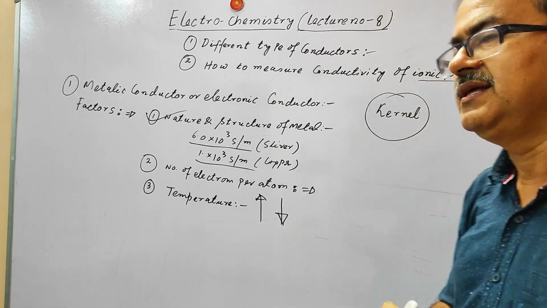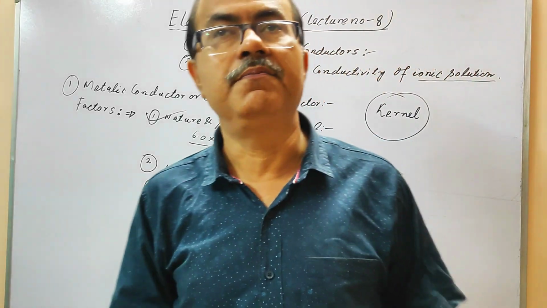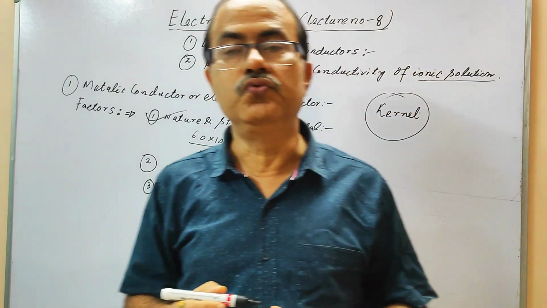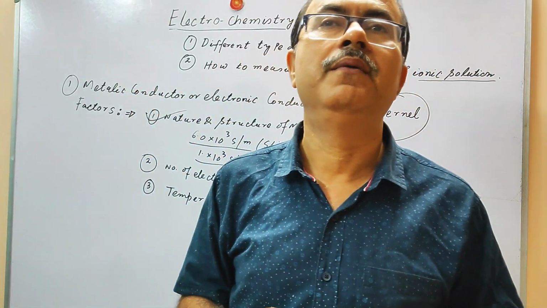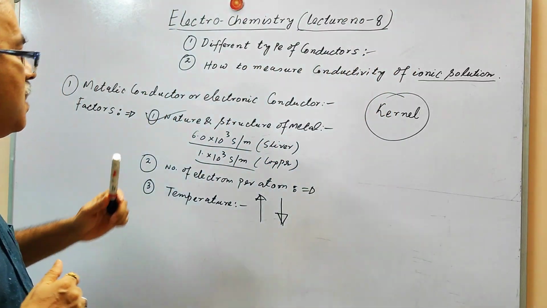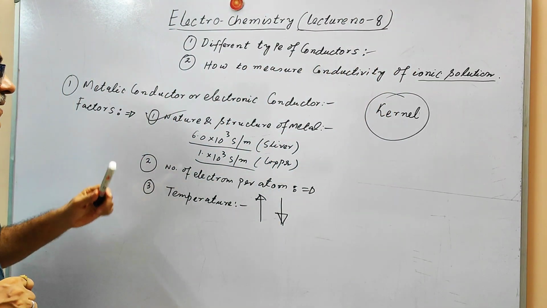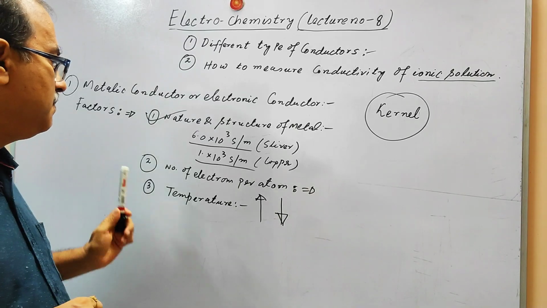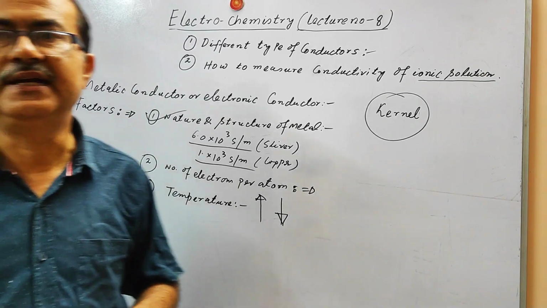That is why an increase of temperature will reduce the conductivity of the metal. So there are three factors that we understand: one, the nature and structure of the metal; two, the number of electrons per atom of the metal; and three, the temperature.